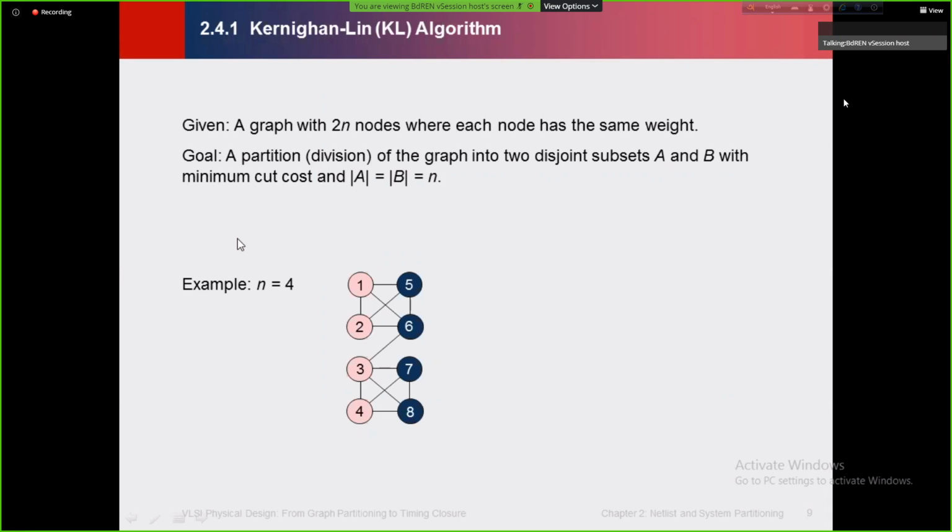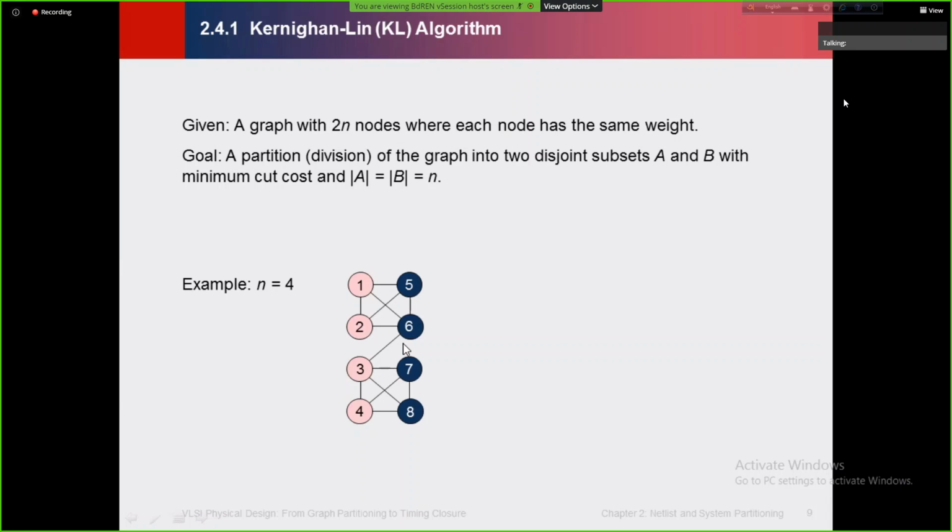So let's say this is a graph. We already learned what a graph means. Graph means each node is a circuit. It can be a logic circuit or a block of layout, which is called a node. The connection lines between or among those nodes are metallic lines, metal 1, metal 2, metal 3, whatever.